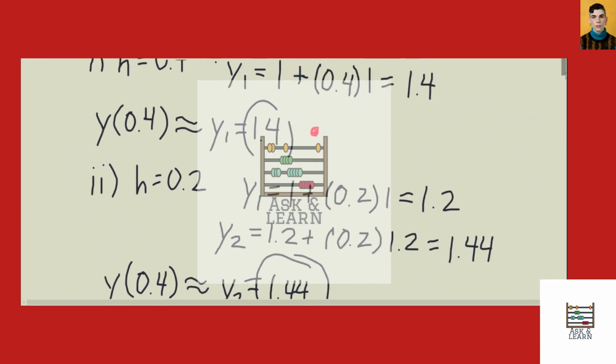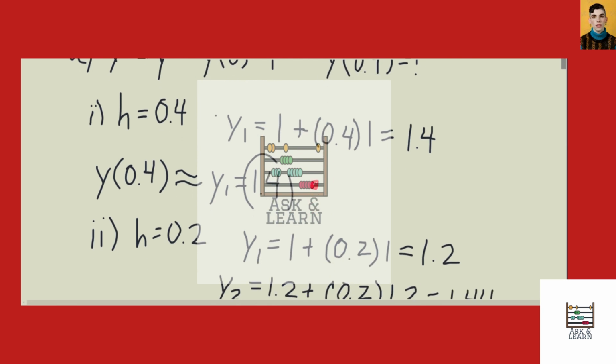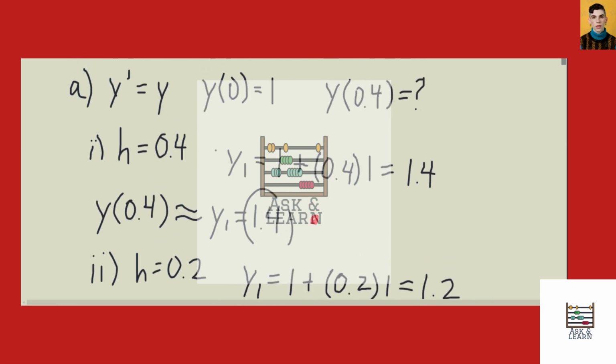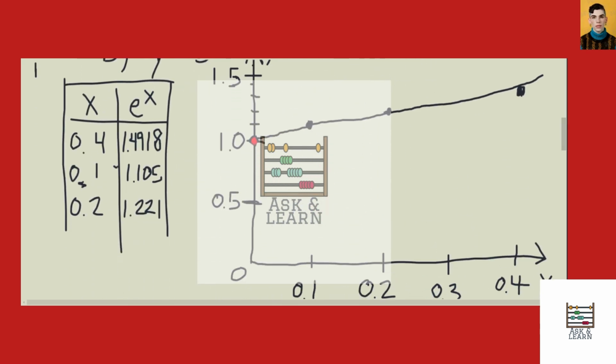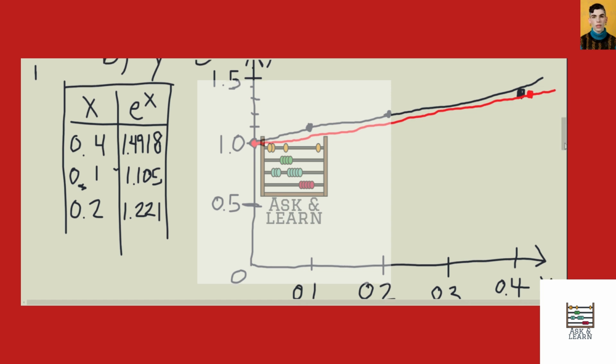Another point on this approximation, we have that x1, y1 is equal to 0.4, 1.4. We know it's going to be less than the function. So we see that this is going to consistently underestimate the real value of the function.